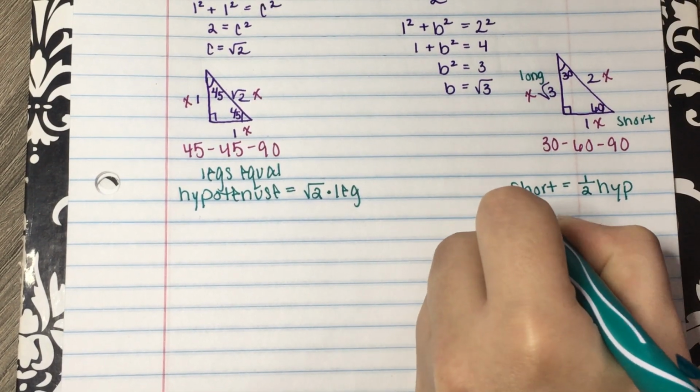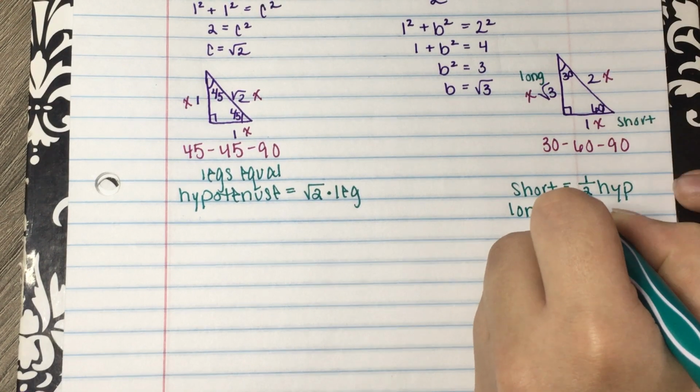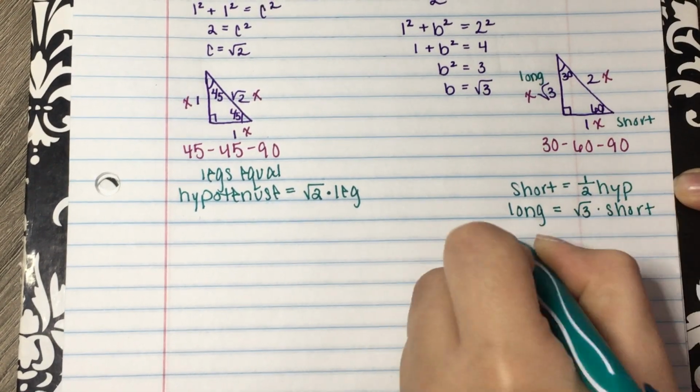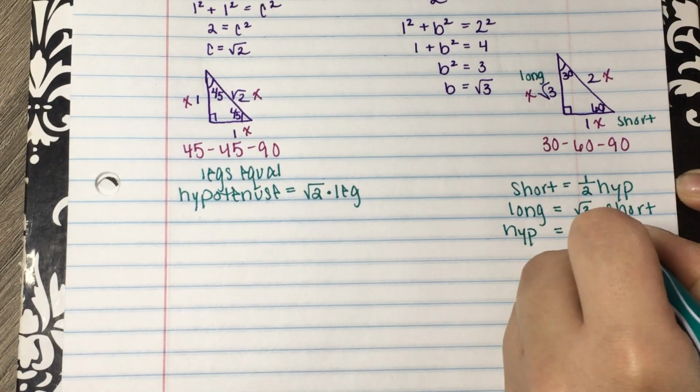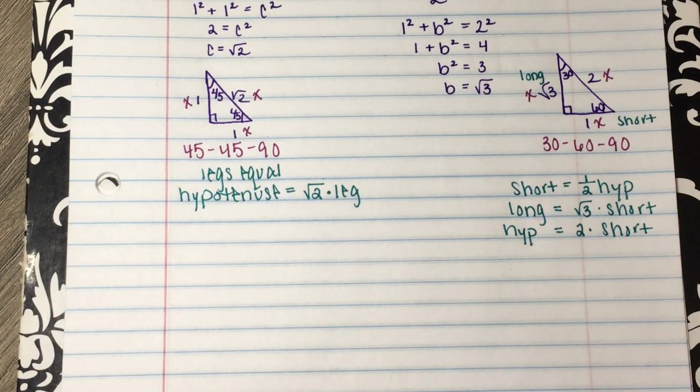If you're trying to solve for your long leg, it's your short leg multiplied by square root of 3. And if you're solving for your hypotenuse, it's really helpful to have that short leg because it's just 2 times the short leg. So maybe those rules are a little bit more helpful.